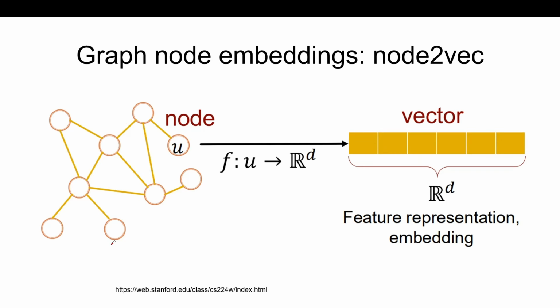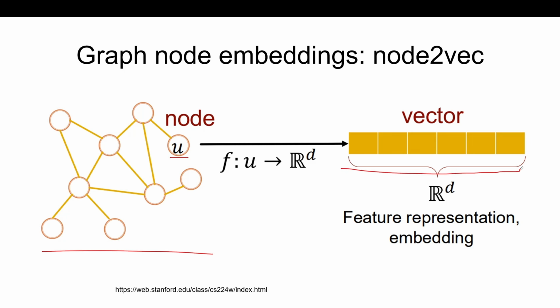After text, embeddings are also used in other fields. For example, they can be used in graphs. Here we show an example of finding embeddings for graph nodes. On the left-hand side, we have a graph with a bunch of nodes and connections between different nodes. The idea of graph node embedding is that for each node u, we want to map it to a high-dimensional vector, in this case a d-dimensional vector.